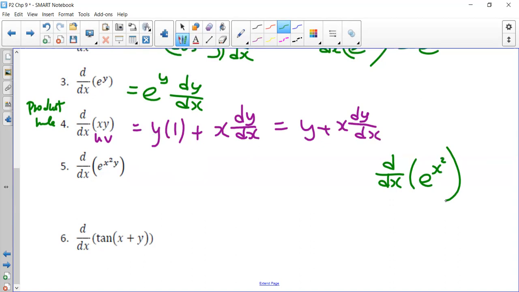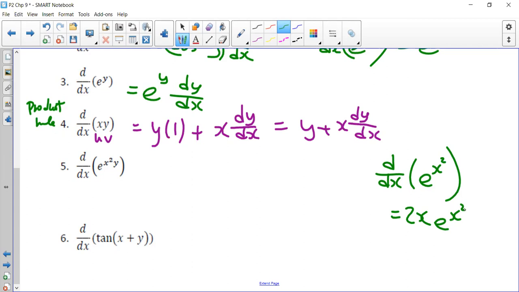I'm not sure if you remember, but to differentiate powers of e, essentially you just differentiate the power of e itself. So you differentiate x squared, which is 2x, and then you multiply by e itself. So to differentiate an expression of e, you differentiate the power on its own, multiply it in the front, and then multiply the e term back in.